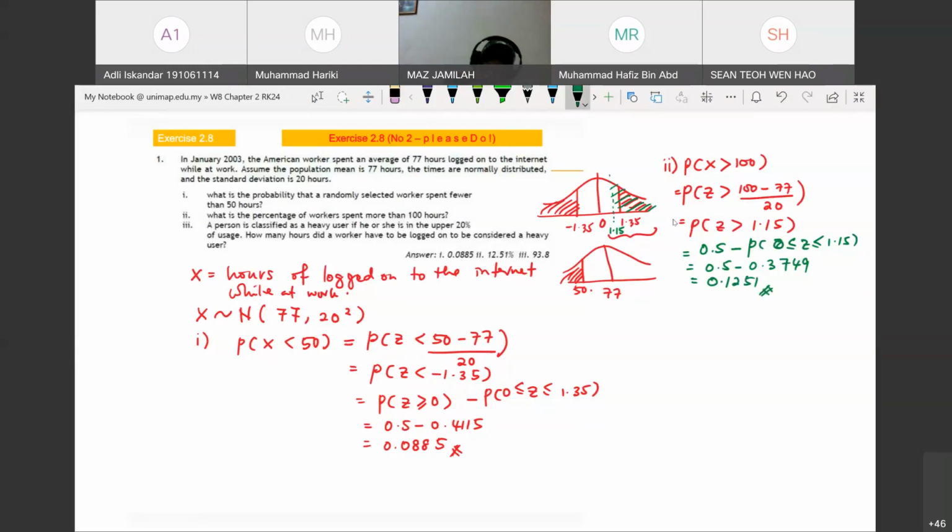To answer as a percentage, it will be 12.51%. So that will be number 2.